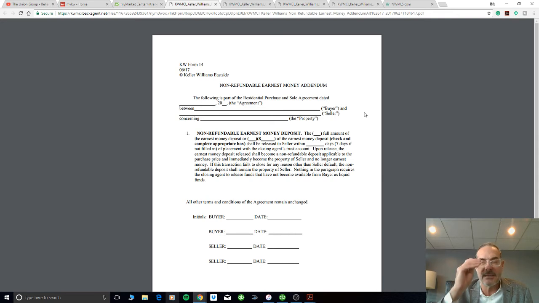This spells out that either you're releasing the full amount of earnest money or a certain amount, and it's going to be released to seller within however many days of placement with the escrow. It says right here that the earnest money deposit release shall become non-refundable, applicable to the purchase price, immediately become the property of the seller, and is no longer earnest money. You know why they say that?